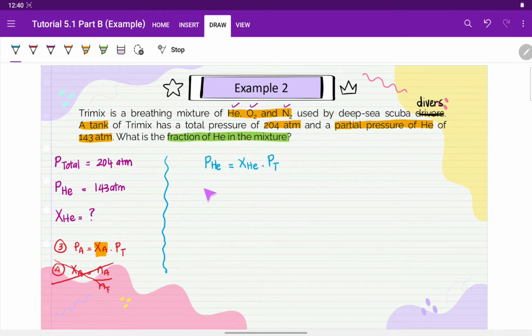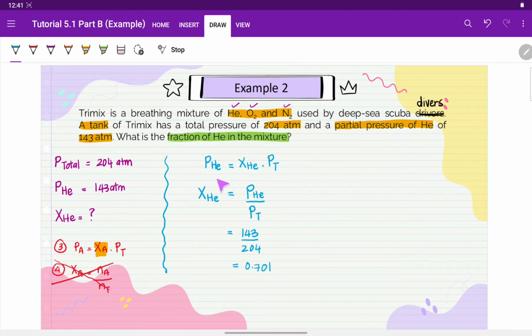Whether you directly substitute or you want to rearrange first, it is fine, no problem. The mole fraction of helium is equal to the partial pressure of helium over P total. Then we substitute. So, you need to make sure that the unit over here is the same. If atm, must be atm. If torr, you use torr. Both must be torr. So 143 over 204. So, we will get the mole fraction of helium as 0.701.